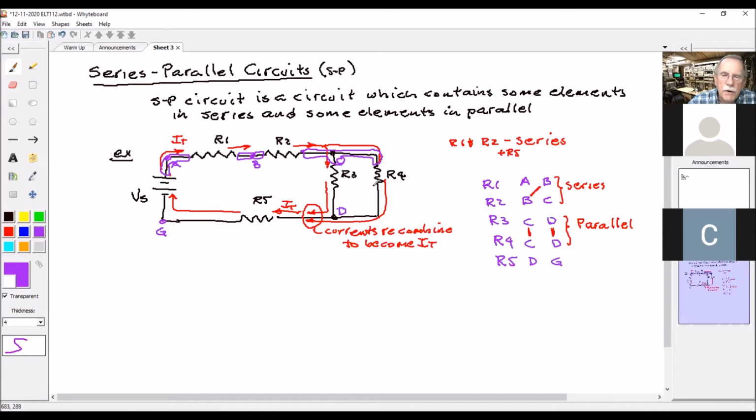And then D, if I wanted to start here, I would go this way. Then I get to the resistor, I turn around and come back. I go over to here, I get to this resistor, turn around and come back. Get to the resistor, turn around and come back, and I'm back where I started. So all of this is node D. And if I start over here with this resistor, I go along, I get to the battery, I turn around and come back.